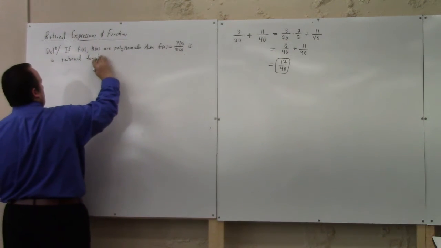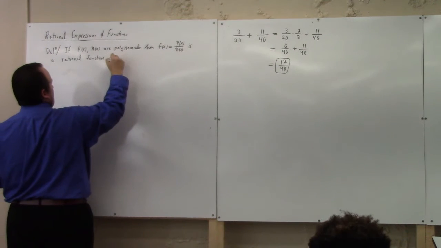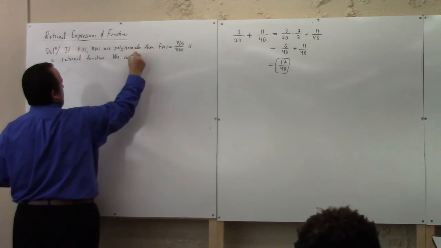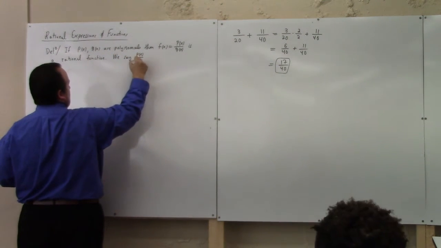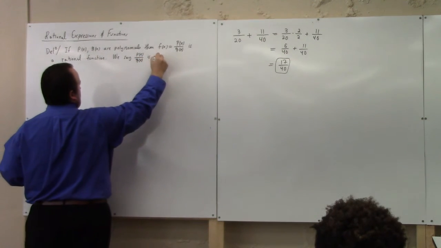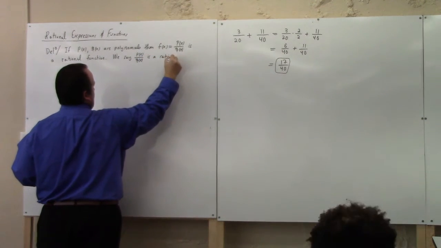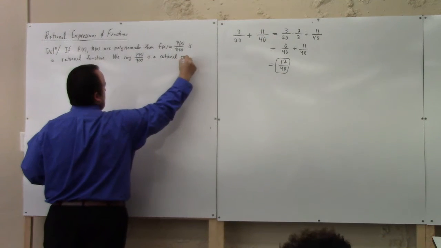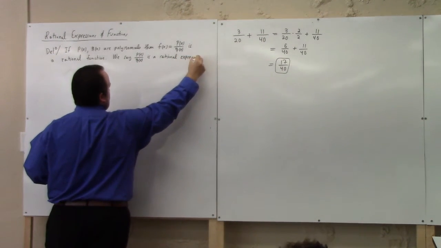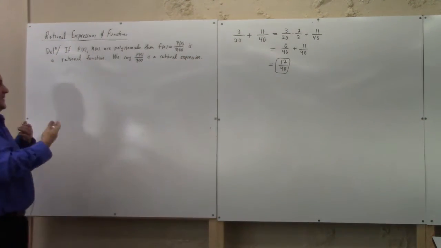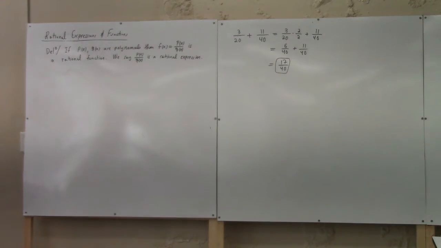All right. And then we say P of x over Q of x is a rational expression. So if you just think about the formula for f of x on its own and don't think about it as a function, we call it a rational expression. We'll be doing a lot of work with rational expressions.